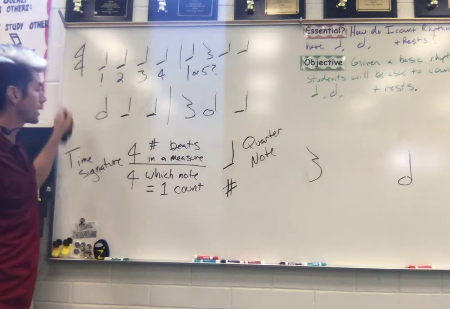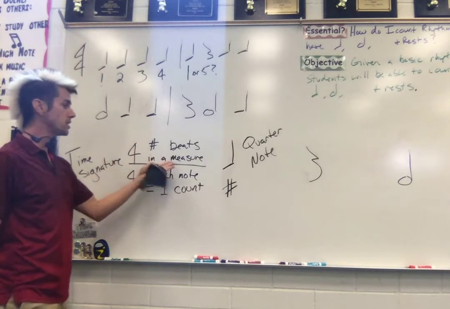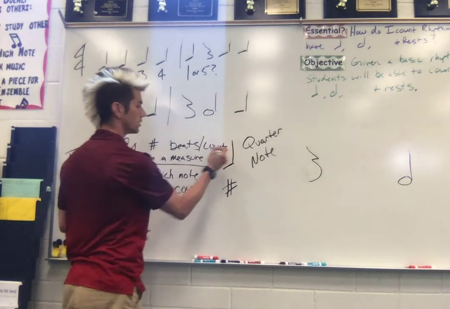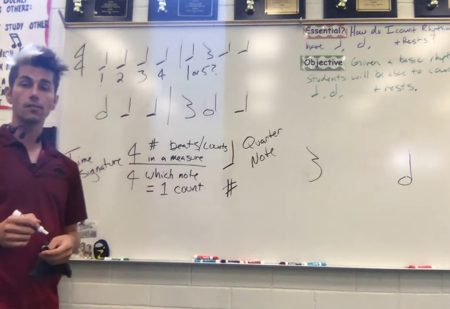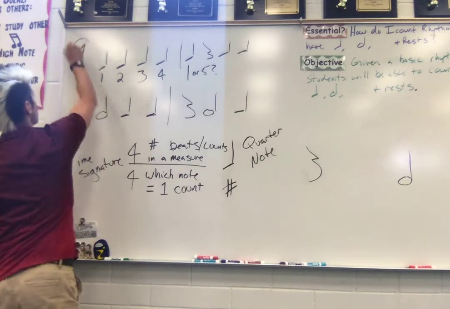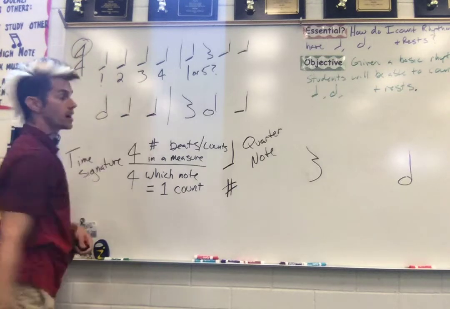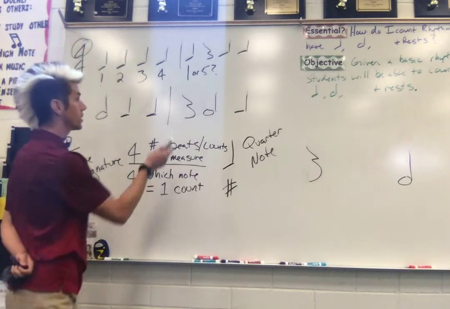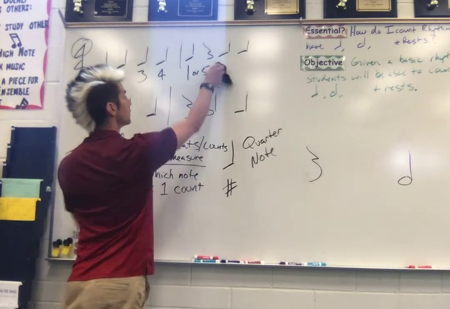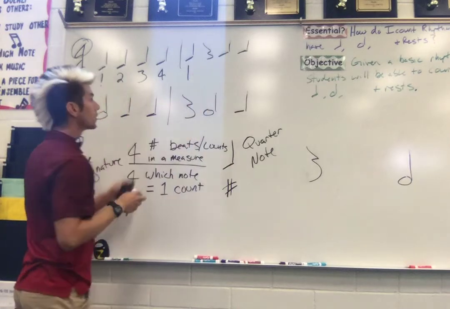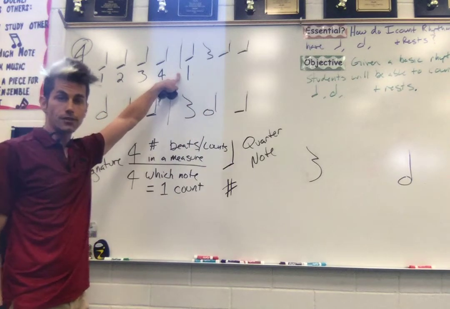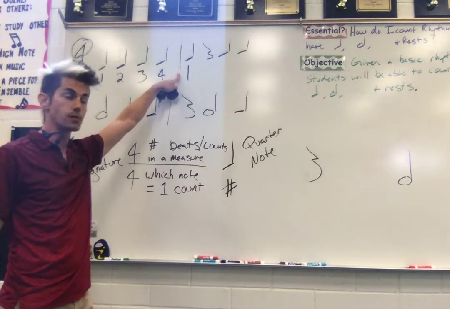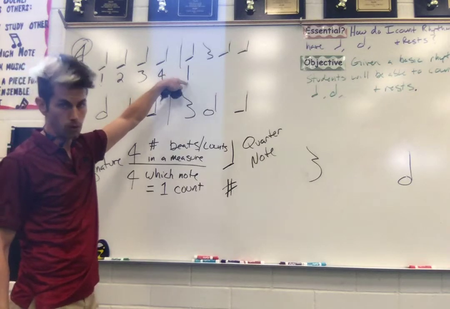And the top says the number of beats or counts in a measure. And so the top number is 4. So we've gotten to 4. That's where we're going to stop. So we always start over. So this is going to be 1. A good rule of thumb is when you get to the bar line, that tells you we're at the beginning of the measure, right? And when we count, we always start with 1 at the beginning.